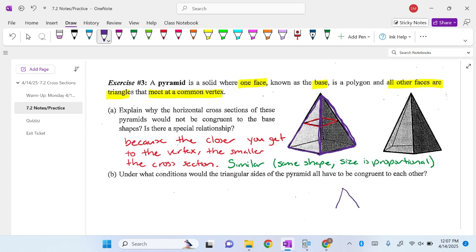If we have two congruent triangles, that means the base of the triangle is exactly the same. So these two bases are equal to each other. And the height of the triangle is exactly the same. So the height's equal. Those are the conditions. So in other words, the sides of the base have to be equal.